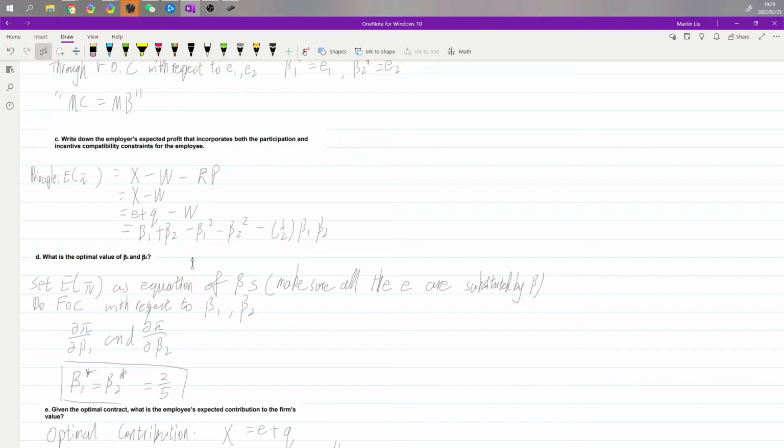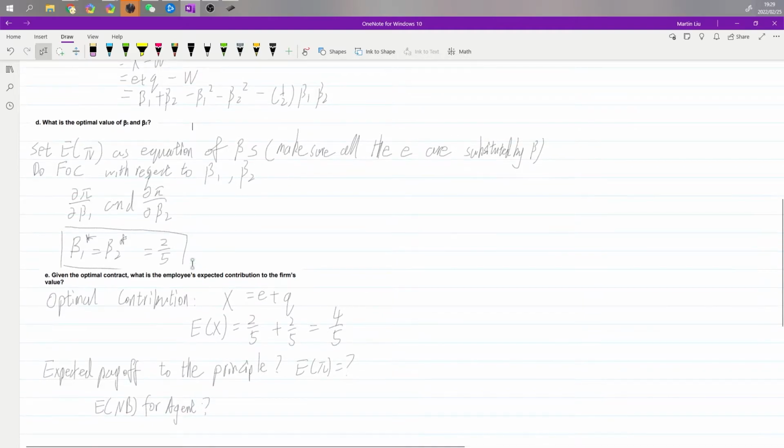With this piece of information, the principal can now do the same thing, FOC, first order condition, to figure out the most beneficial beta to provide, so he can maximize the agent's efforts. And at the end, you will need to be careful about exactly what the question is asking. In this case, it's asking for the optimal contribution.